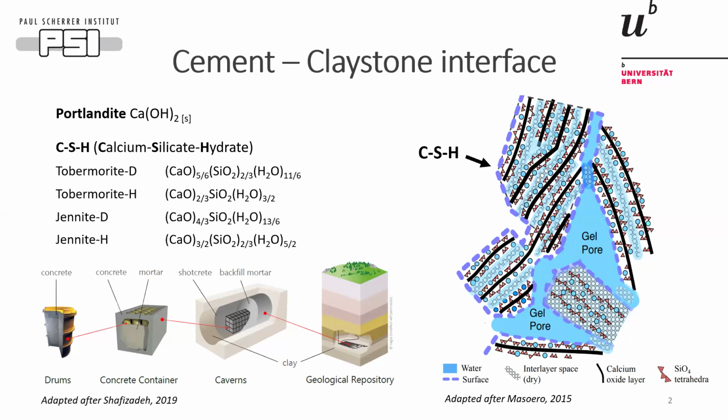This is important because it still allows the migration of cations and anions through the interlayer porosity, which influence the evolution of the cement claystone interface and also allows the migration of radionuclides, which impacts the safety assessment of the underground repository for the radioactive waste.